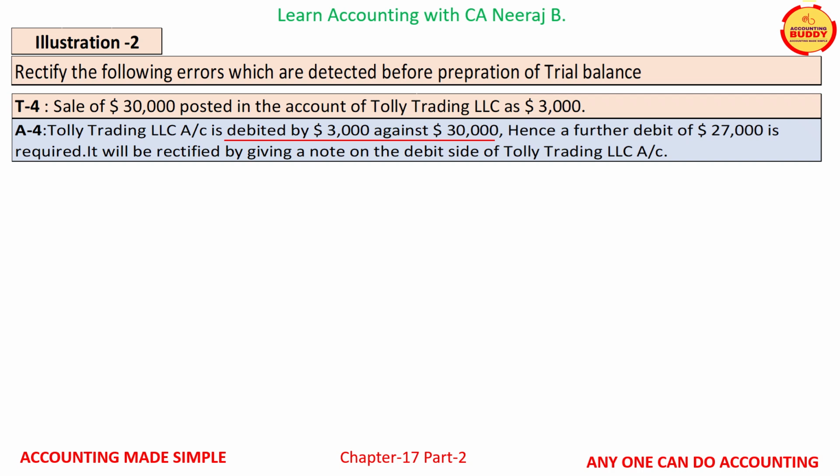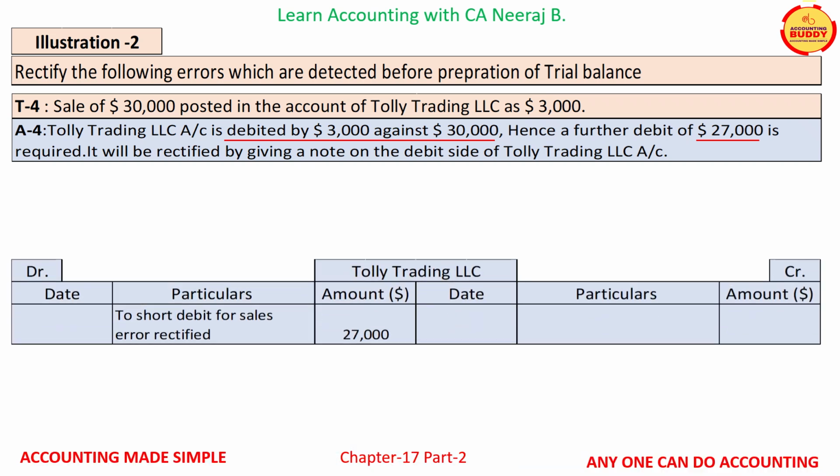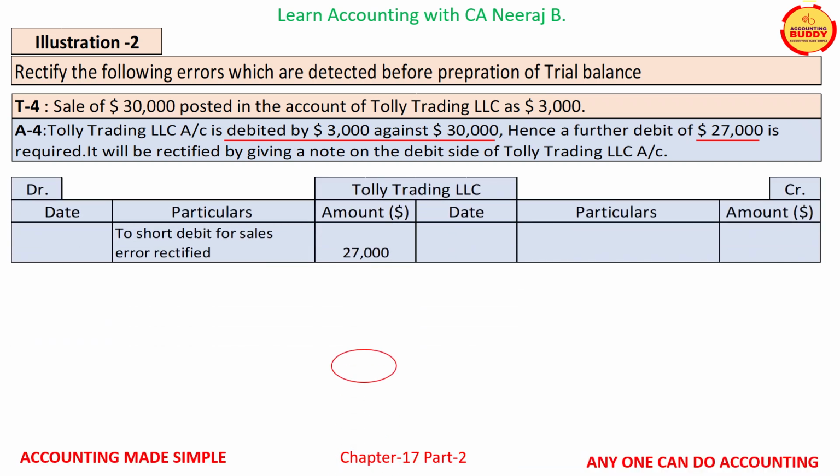Hence, a further debit of $27,000 is required. This error will be rectified by writing a note on the debit side of Tolly Trading LLC account. The rectification entry will be recorded for $27,000 on the debit side of Tolly Trading LLC account by writing the words "to short debit for sales error rectified" in the particulars column.